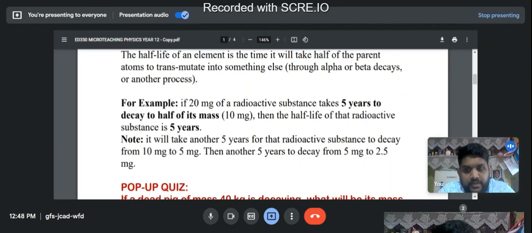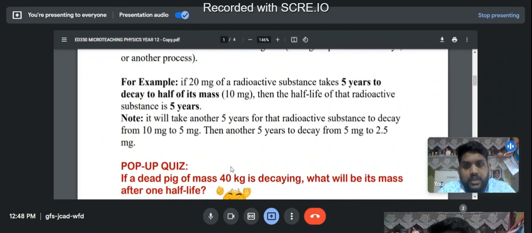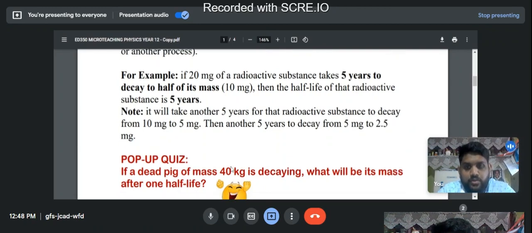After another 5 years, 2.5 milligrams will be remaining. The amount remaining will be half of the previous amount. All the half-lives will be equal, so 5 years will be constant throughout.